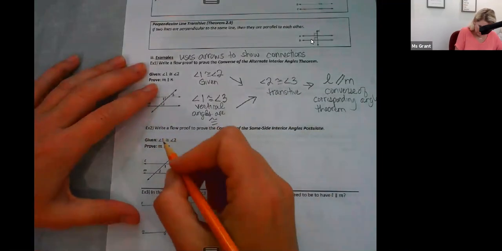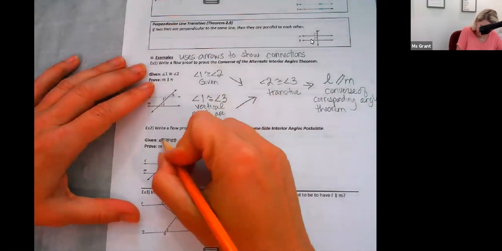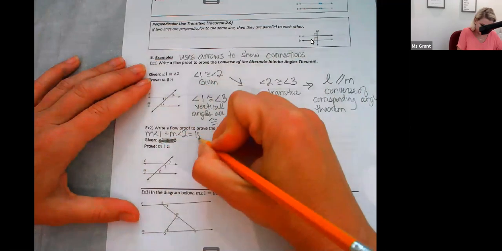There is a typo on number 2, so let's fix that, please. My given is going to be that the measure of angle 1 plus the measure of angle 2 equals 180 degrees. Okay.